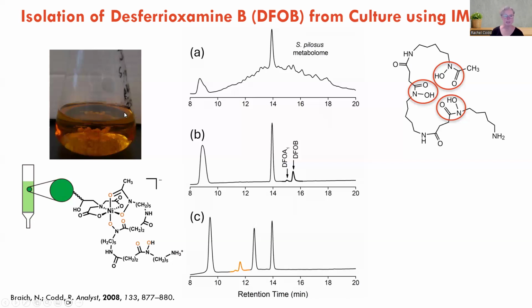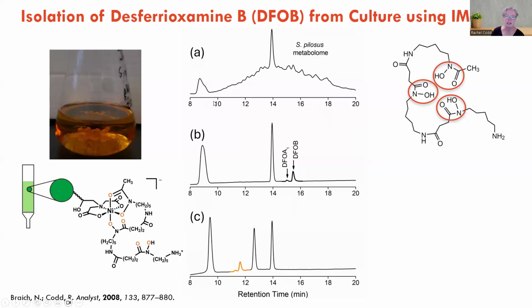So we acquired some of this bacterium and cultured it, and showed in other experiments that it was producing DFOB. We centrifuged down the system to separate the supernatant from the cell pellet, and we ran a liquid chromatography experiment.